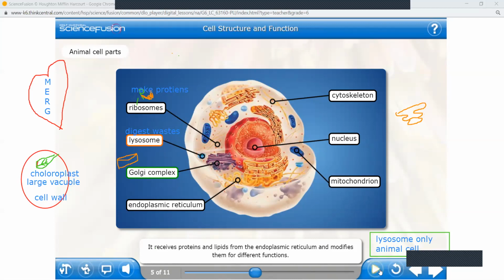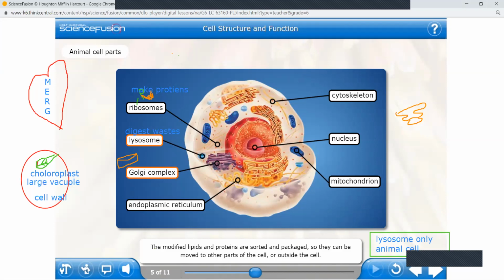It will help to receive and give information. It receives proteins and lipids from the endoplasmic reticulum and modifies them for different functions. The modified lipids and proteins are sorted and packaged so they can be moved to other parts of the cell or outside the cell.